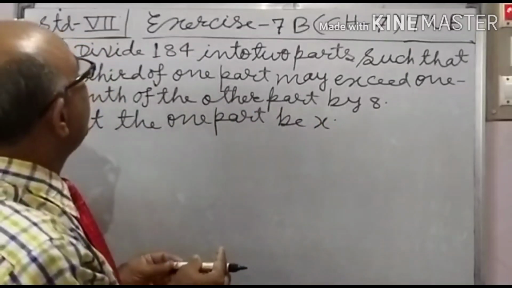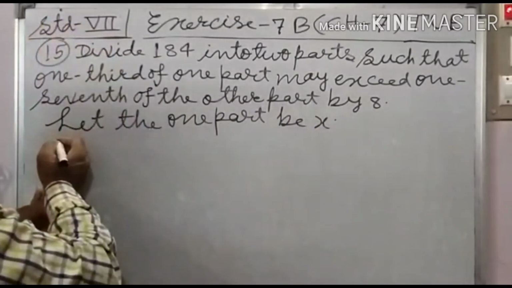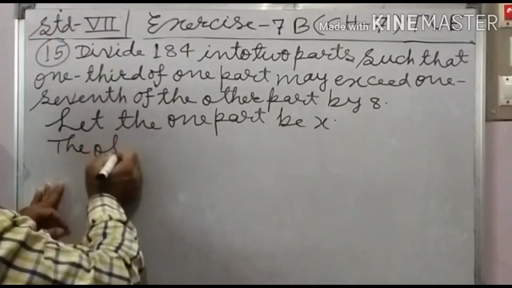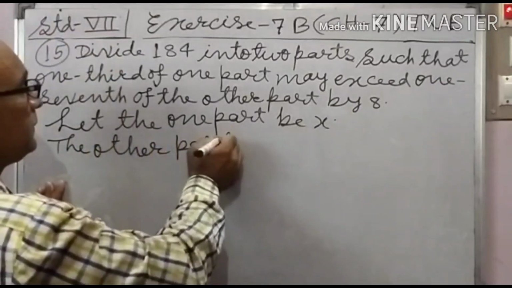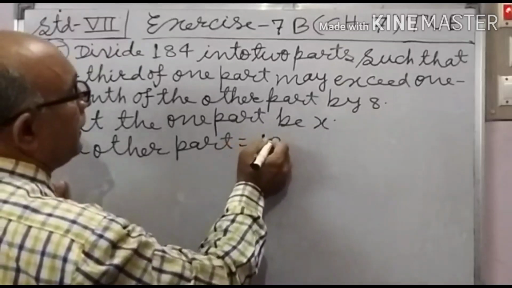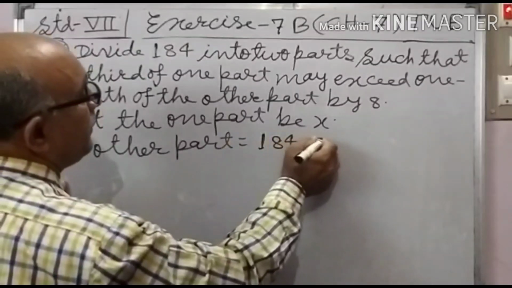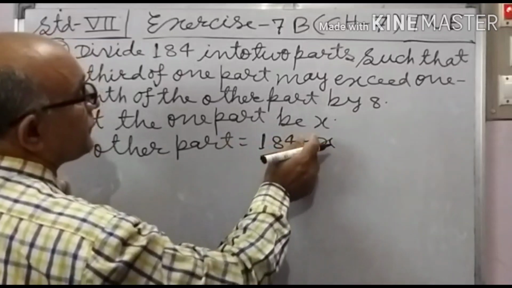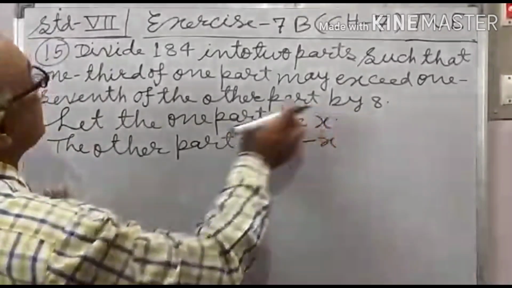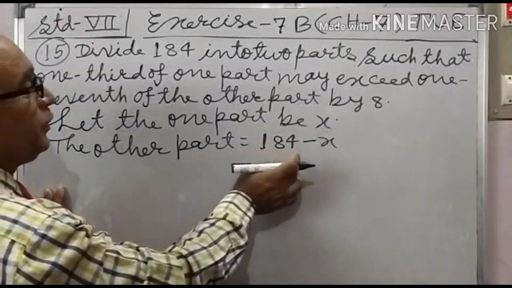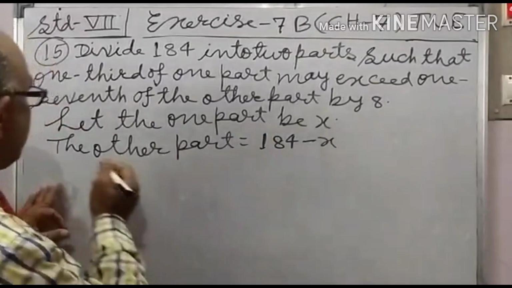The other part equal to 184 minus x. One part be x and the other part equal to 184 minus x.